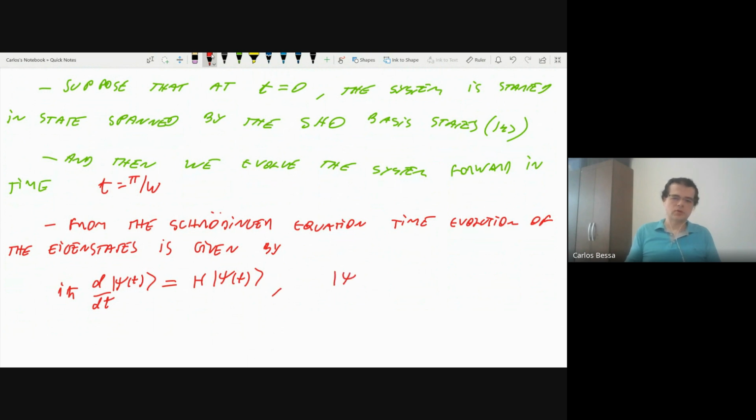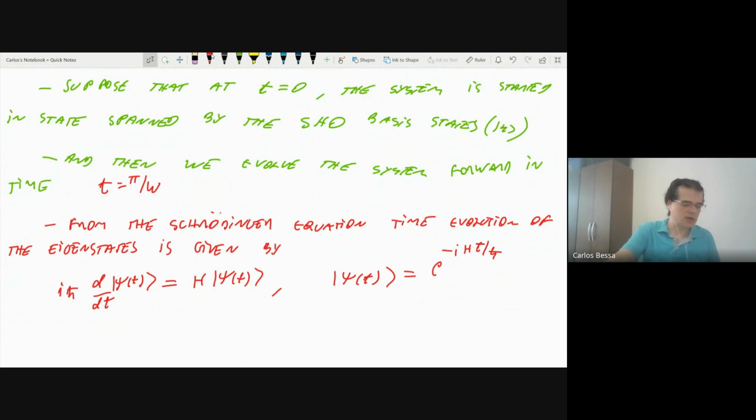I'll not show the details. psi of t is just exponential minus i H t over h bar.